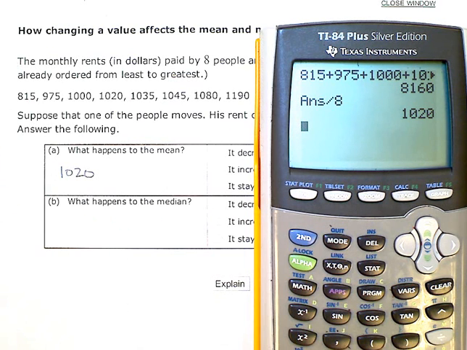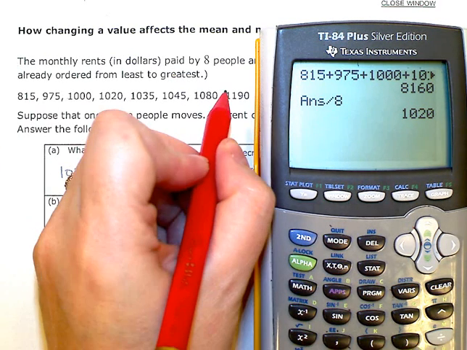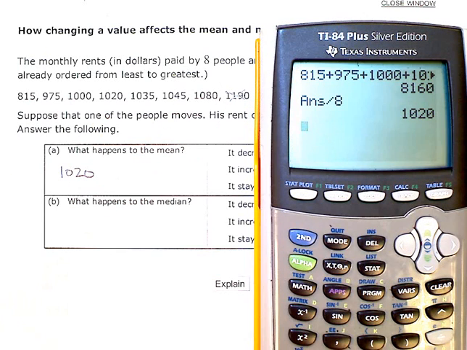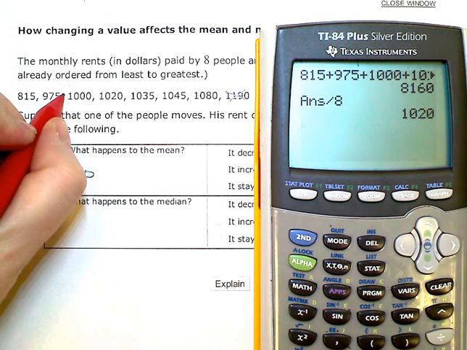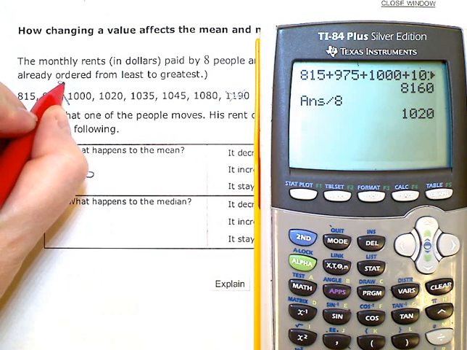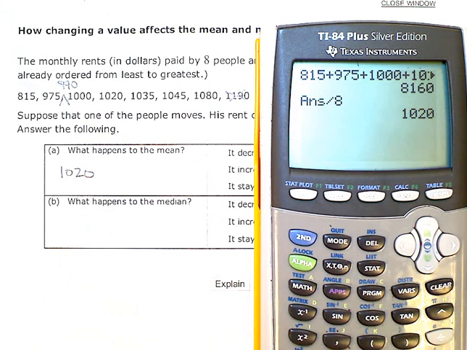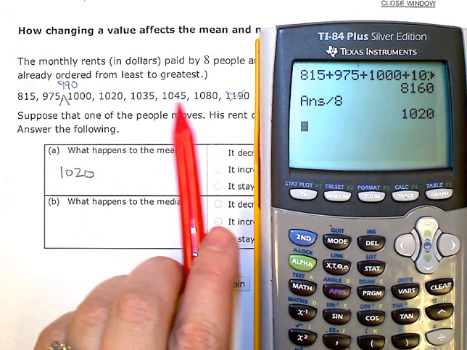Now, if I take out this one, and add 990, which would go in about right here in our order, I want to know, how does that average change? So now I'm going to add up these 8 numbers.